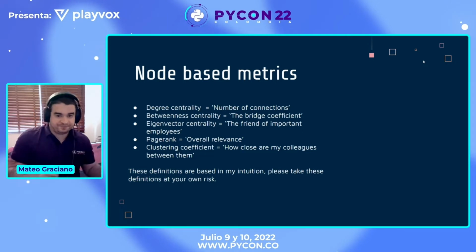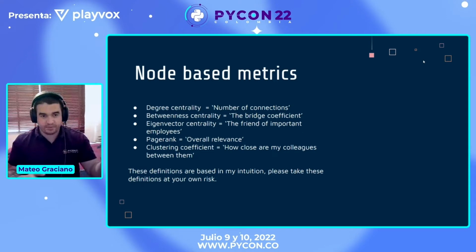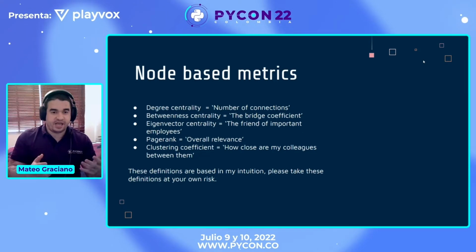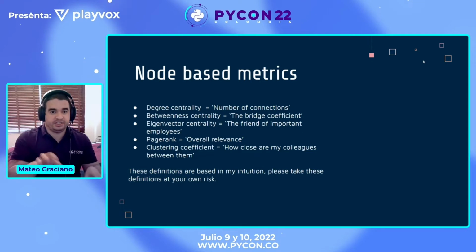Betweenness centrality is defined as the bridge coefficient. What does it mean? It means that a node, a person, an employee with a high betweenness centrality is pretty important for the communication of different teams in your organization.